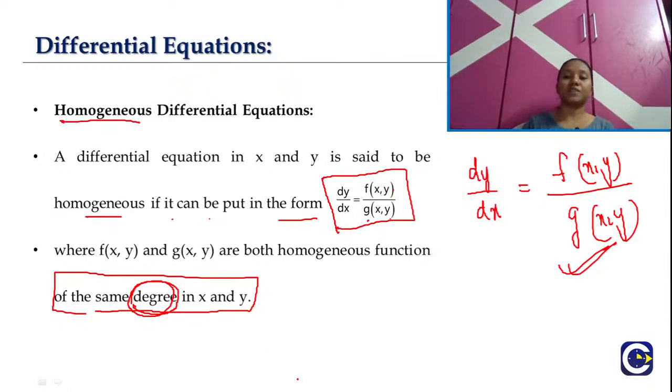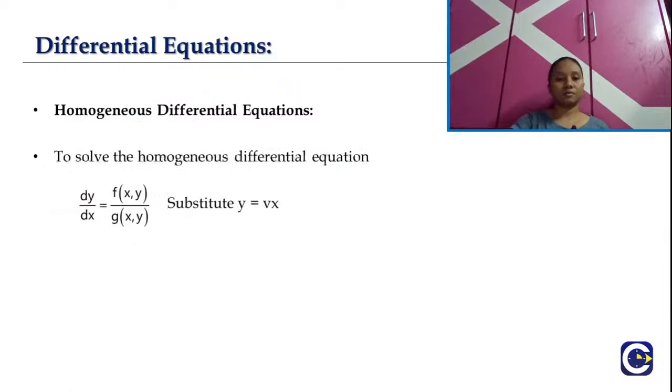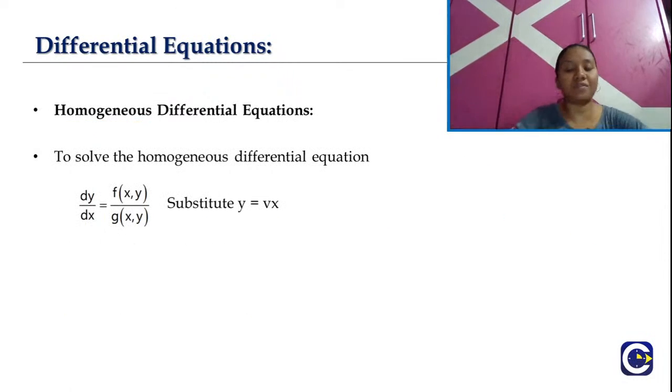So this typical form of differential equation is considered a homogeneous differential equation. Now the question is, if it's a homogeneous differential equation, how will we solve it to get the solution?